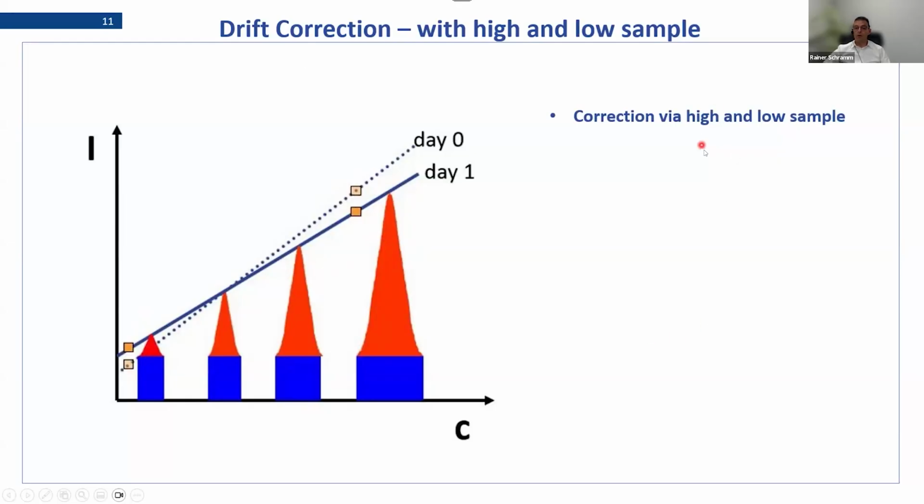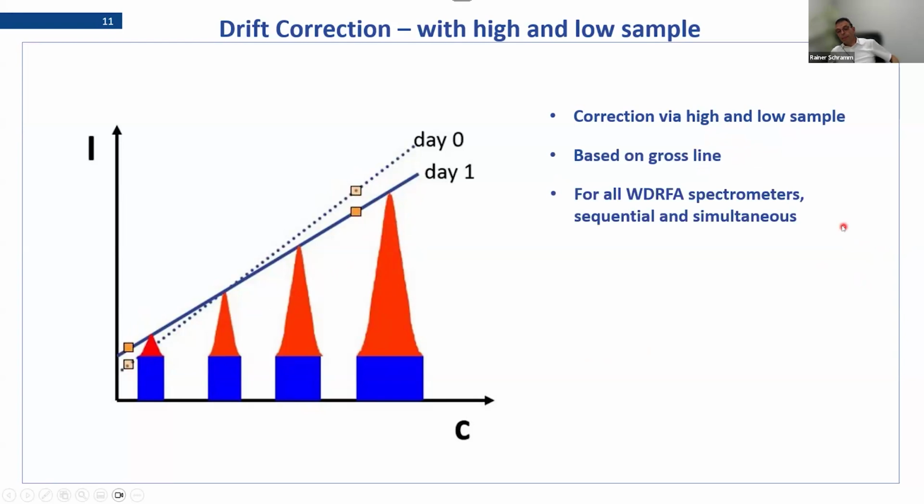So then we use a high and a low drift correction sample, based on gross lines.